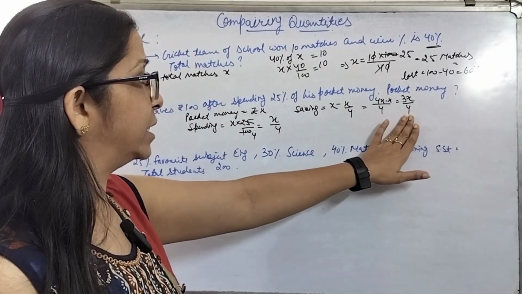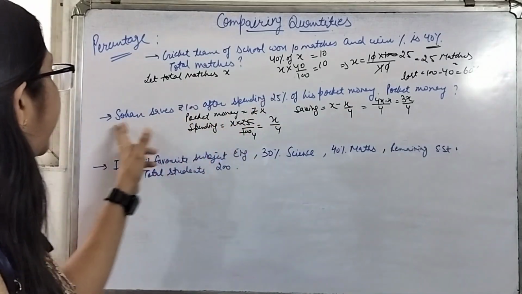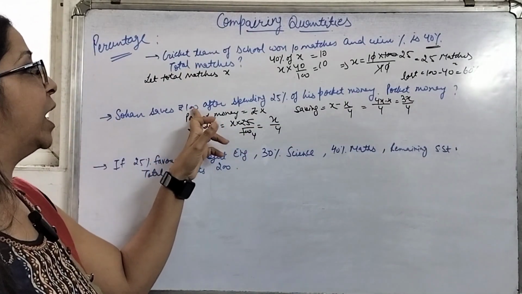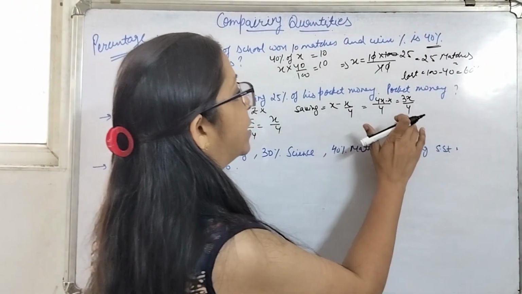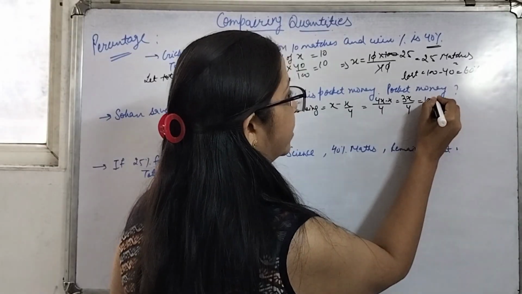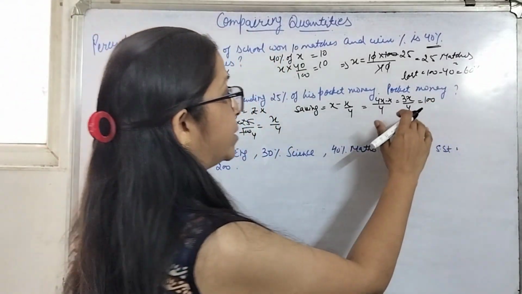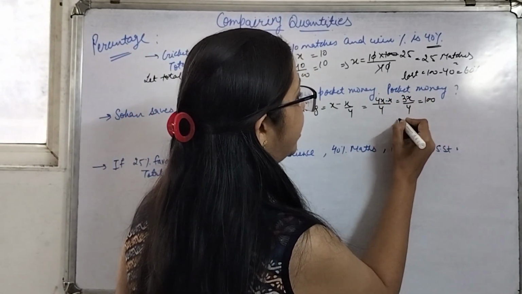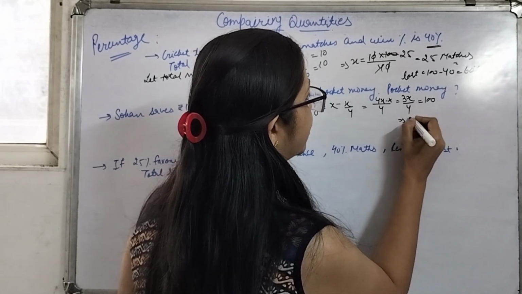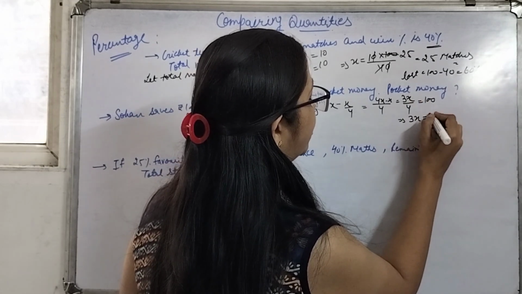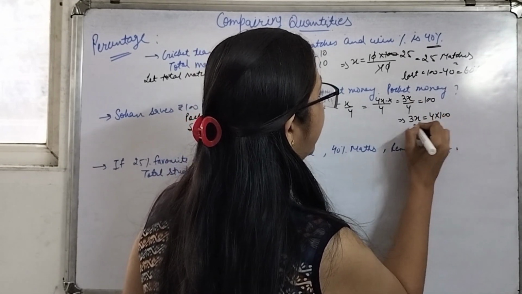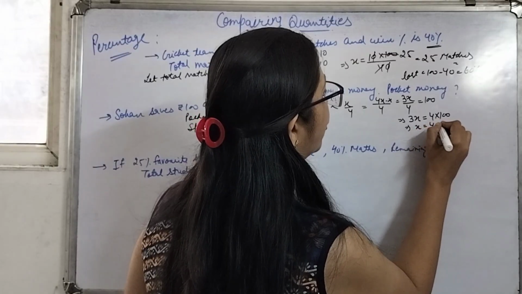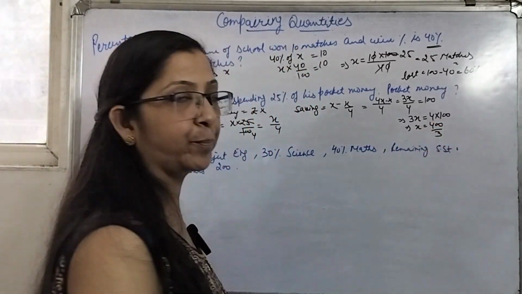Actually the money he is saving is 100, so this is equivalent to 100. If we solve it further, this 4 in division will go in multiplication. So 3x is equivalent to 4 multiplied by 100, and the value of x will be 400 divided by 3.